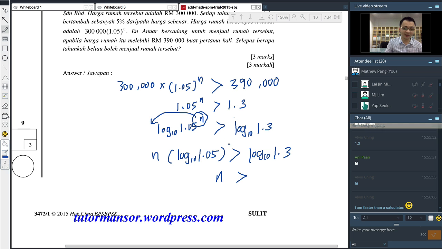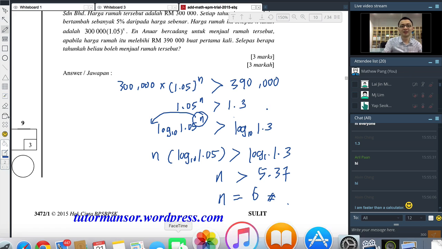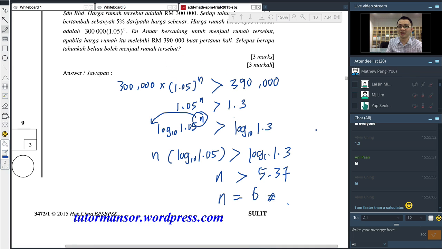And then you will get n must be bigger than 5.37. So the nearest one is n must equal to 6, because they want a whole number for a year. That means after 6 years, the house will actually increase the price to more than 390,000. Right? So you always need to understand your answer when you got it.